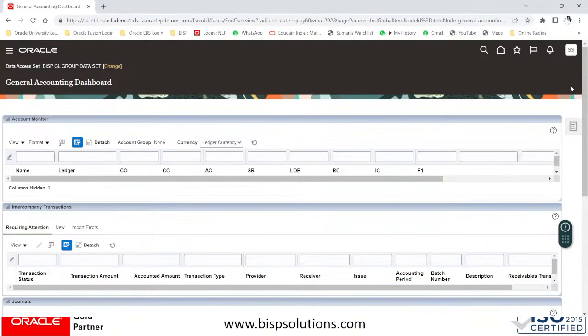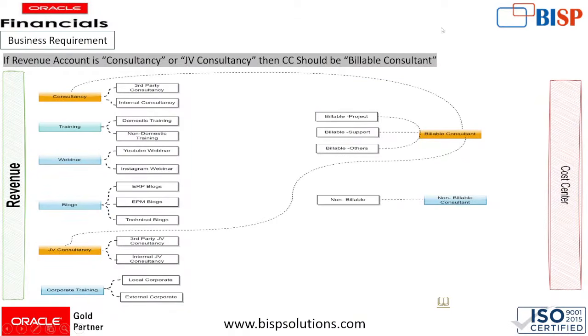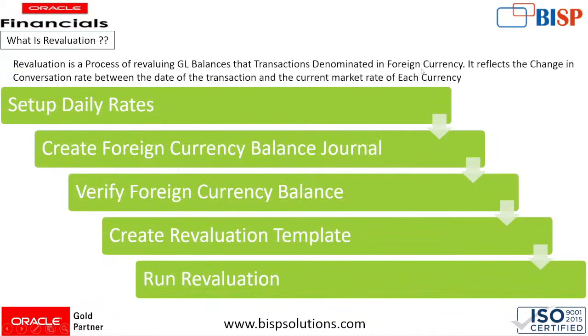So what is revaluation? The revaluation process is used to adjust the account balances denominated in the foreign currency. Revaluation adjustment represents the difference in an account balance due to change in the conversion rate between the dates of the original journal and the revaluation date.